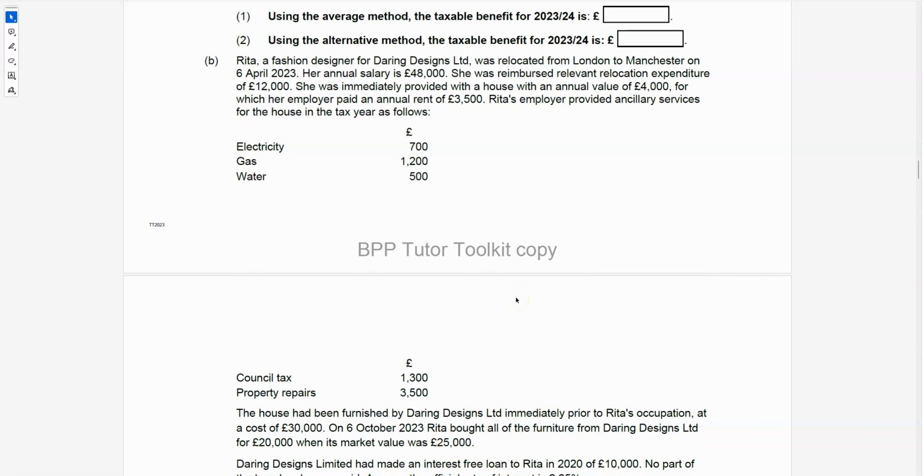So for the taxable benefit for the accommodation, the first thing we need to do is take the higher of the rent and the annual value. We'll take the annual value here, 4,000, because it is bigger than 3,500.